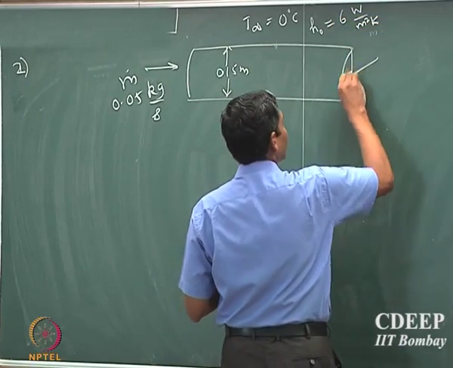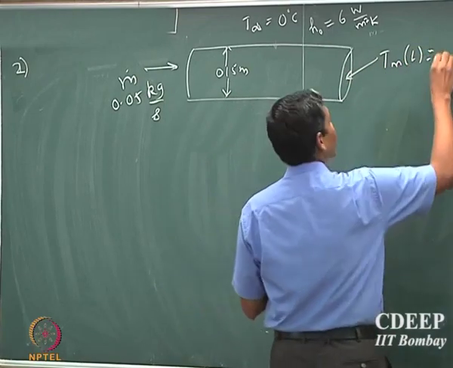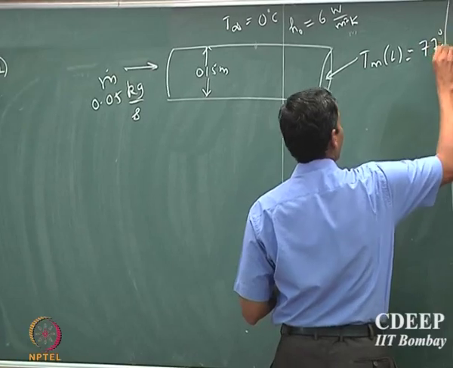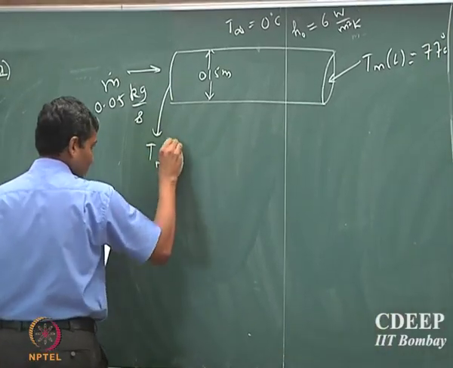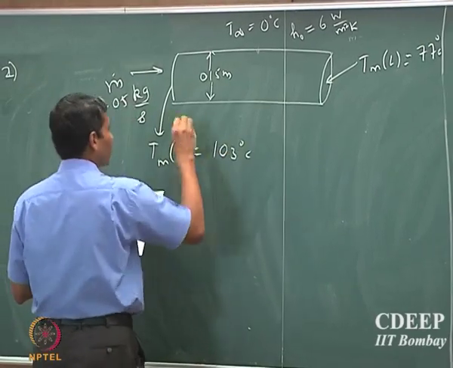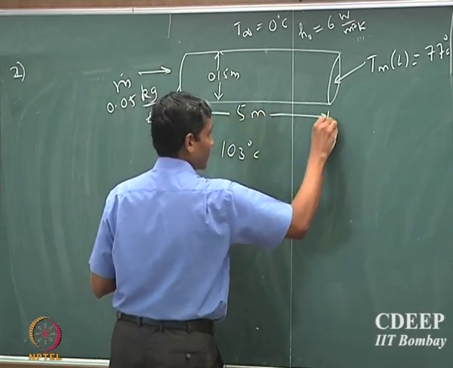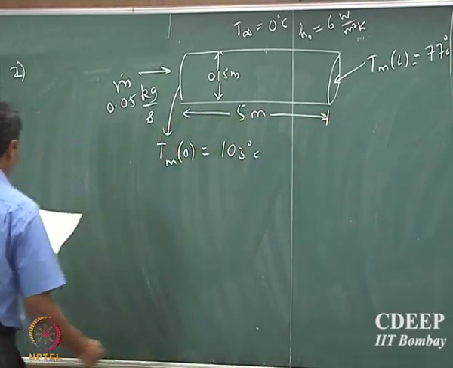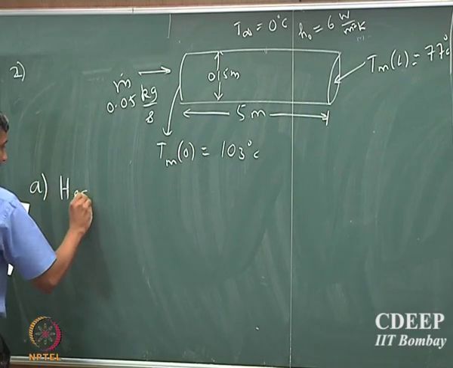And then Tm at L is 77 degrees C, and Tm 0 is 103 degrees C, and the length is 5 meters. So the question is, what is the heat loss over L?